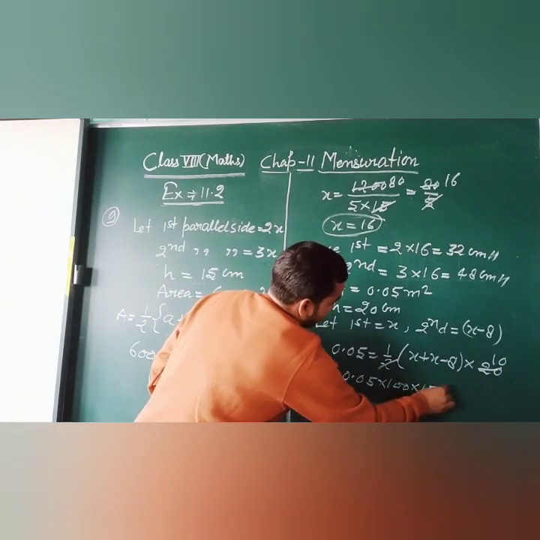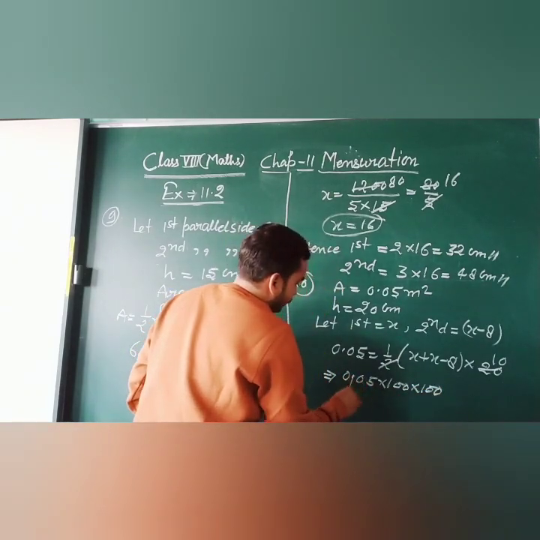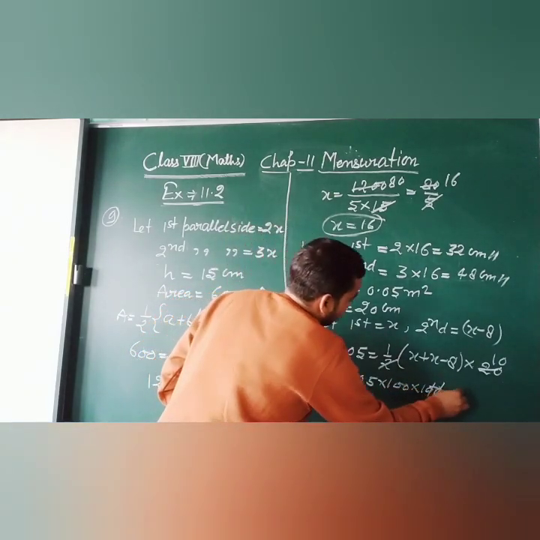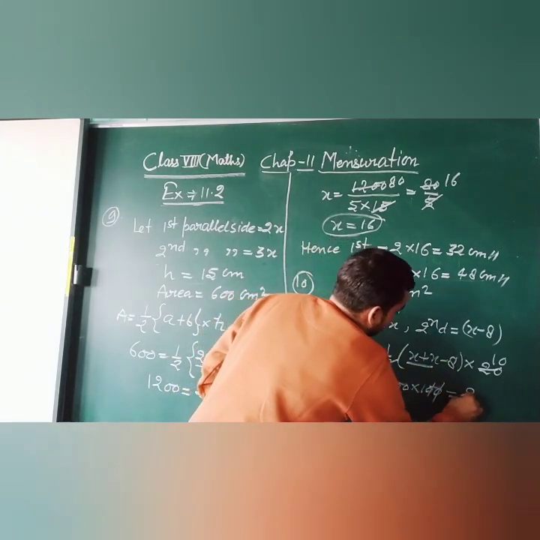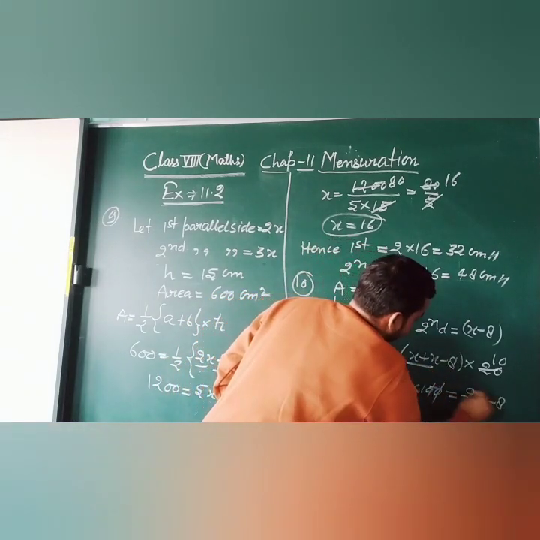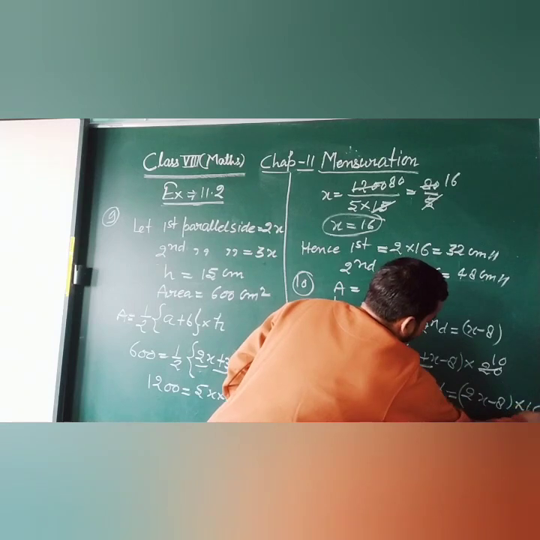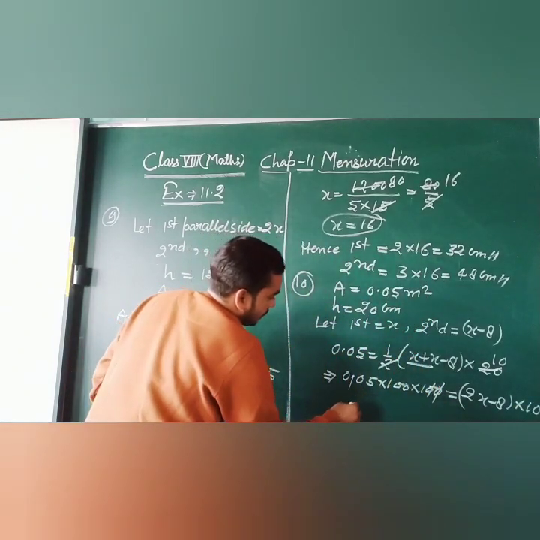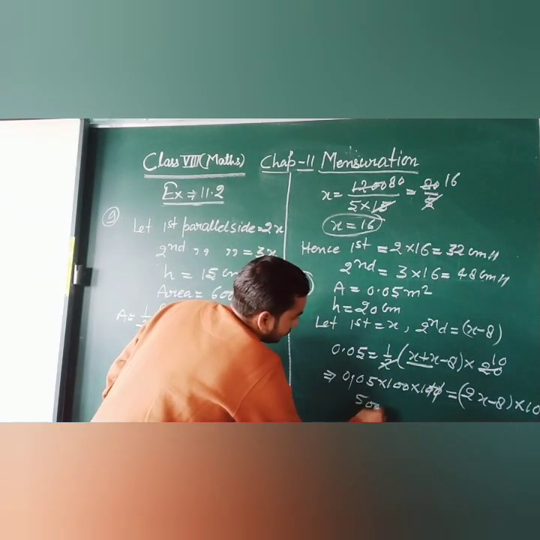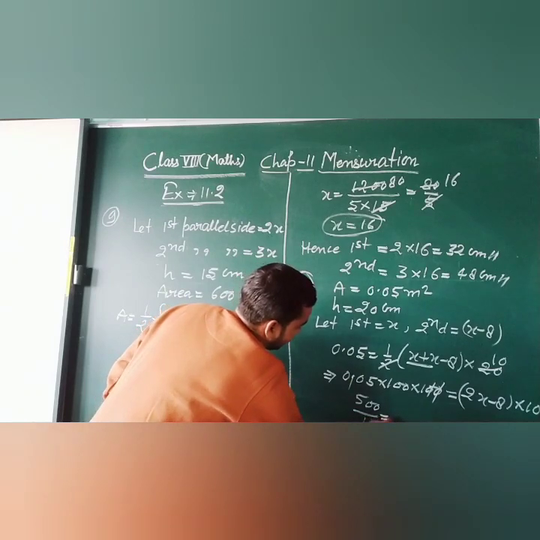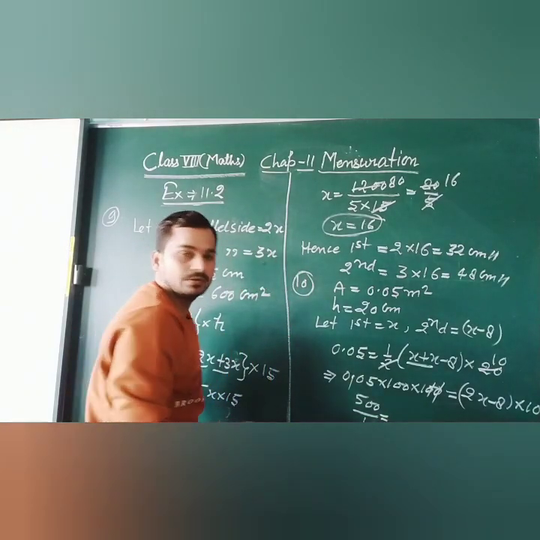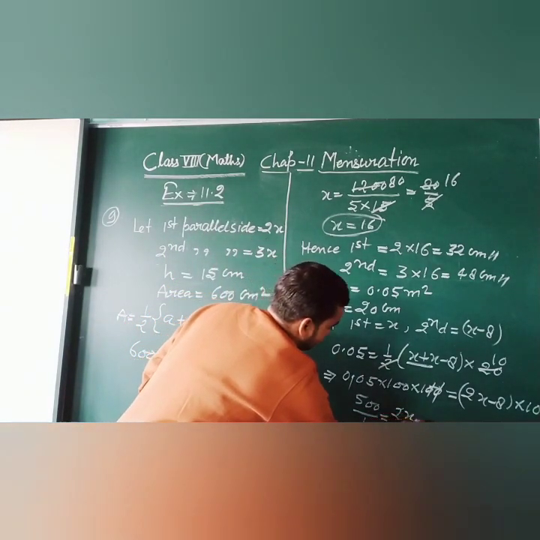Decimal point removed, so 500 equal x plus x, 2x minus 8, into 10. The left side we have 500 divided by 10 equal 2x minus 8.